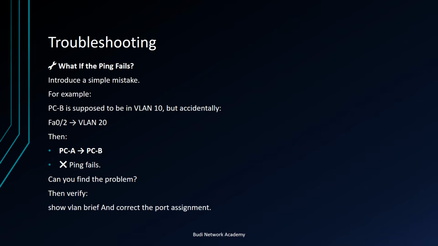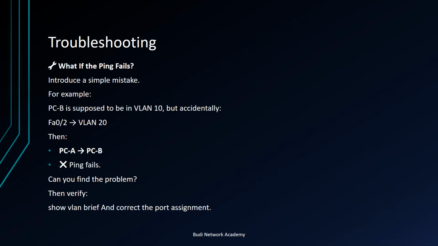Now let's introduce a small problem. Imagine that PCB suddenly cannot communicate with PCA. The IP addresses look correct. The cables are connected, but the ping is failing. Where should we start? One thing we should check is the VLAN assignment.